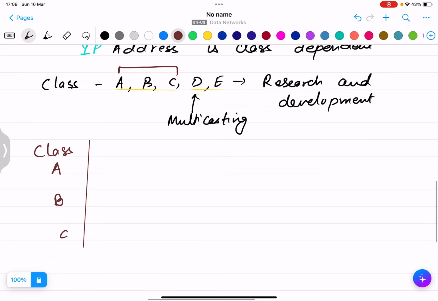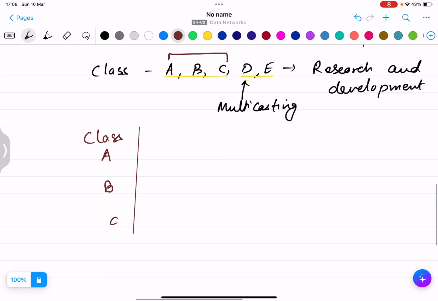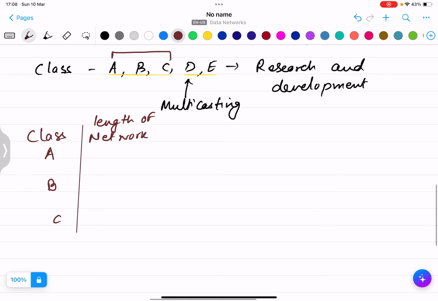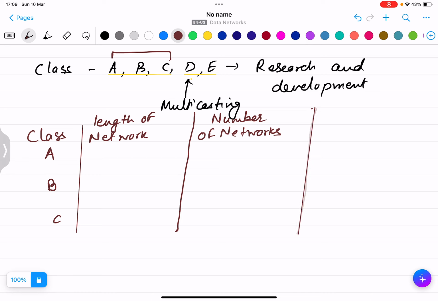So we are now going to introduce the length of network, then the number of networks, then the number of hosts.